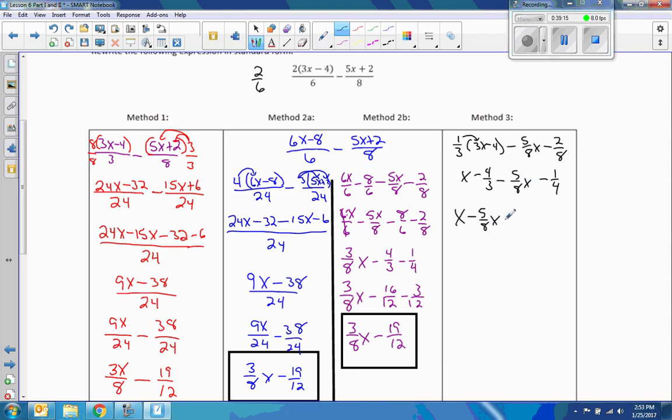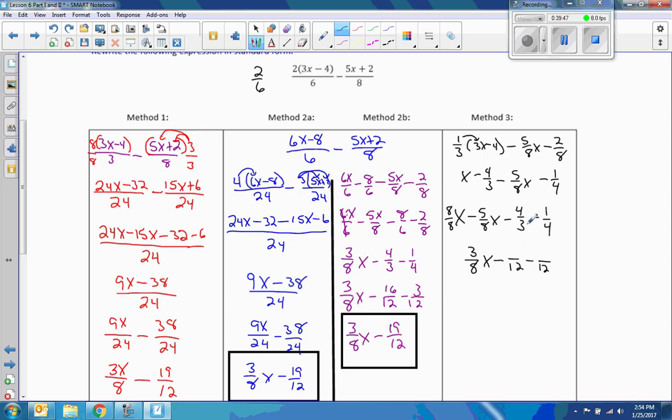So I'm just moving this over here, minus 4/3 minus 1/4. I just move these to rearrange, a commutative property of addition. On 1x minus 5/8, now 1 can be represented as any number divided by itself, so that's the same as 8/8x. So 8/8 minus 5/8 is 3/8x minus, and now we need our common denominators again.